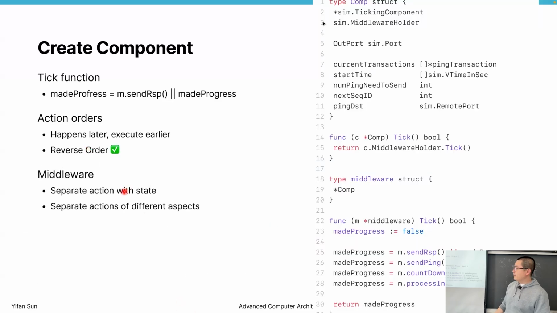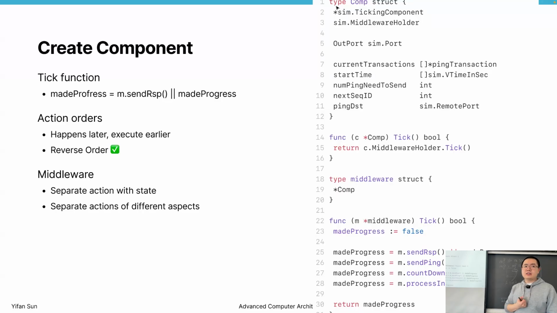Okay, then finally, when we talk about middleware. Without middleware, we can simply write code directly in the component's tick. Then I would ask: is my component representing the state or representing the action?